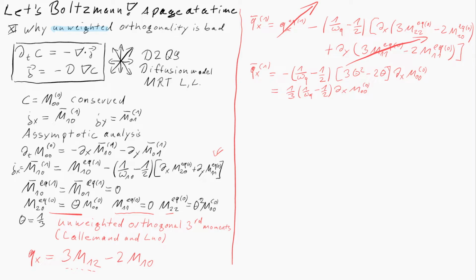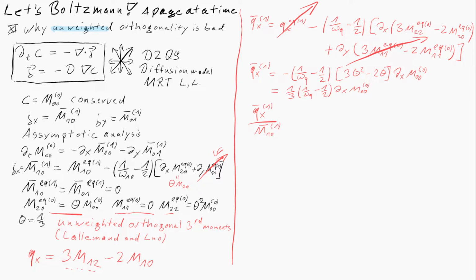We can make a comparison to the first order moment, and we see that if we take the ratio between them, we have to notice on the other side that this here had been theta m00, and that this here also is going away.